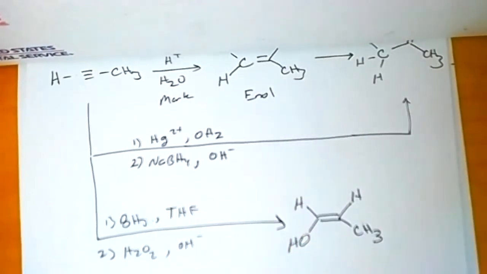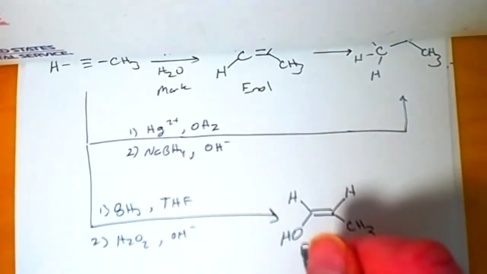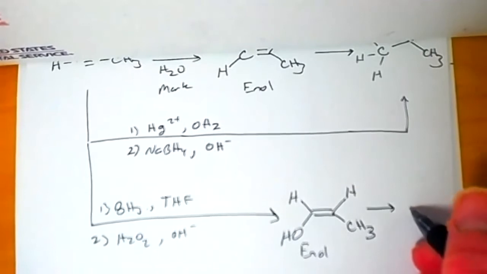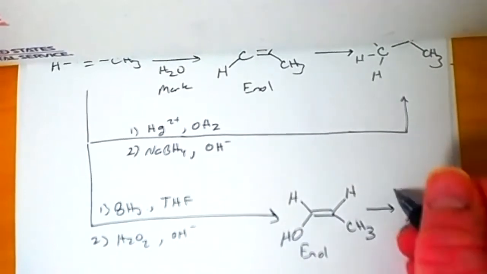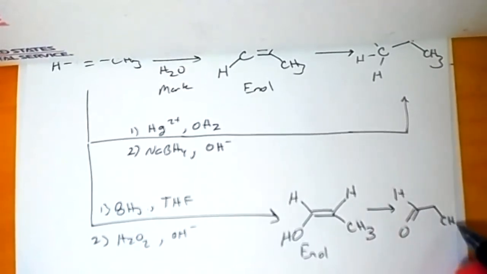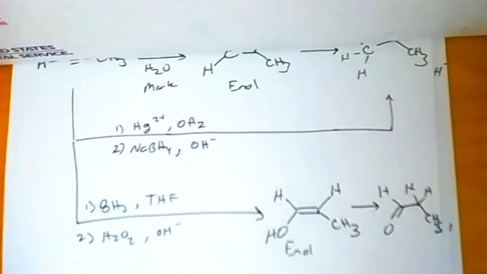And so the OH would go on the other side. Here we have an enol, and that will also undergo rearrangement, effectively converting the alcohol now into a carbonyl, giving you this aldehyde, okay?